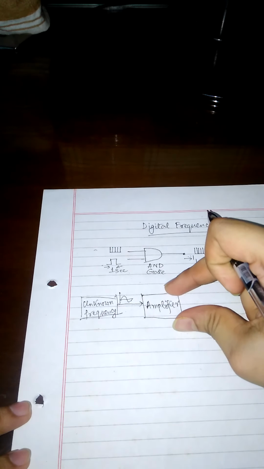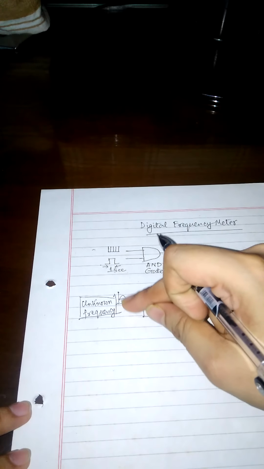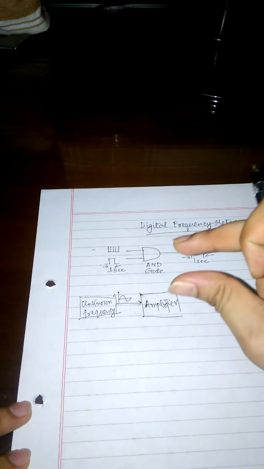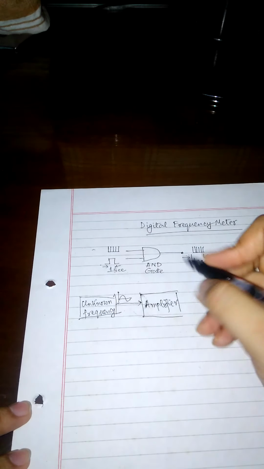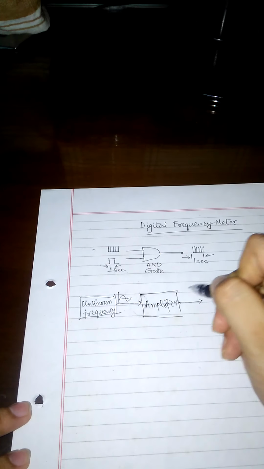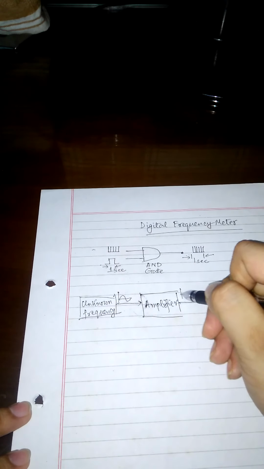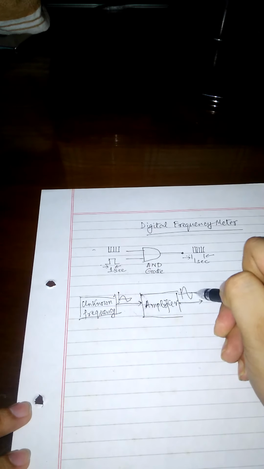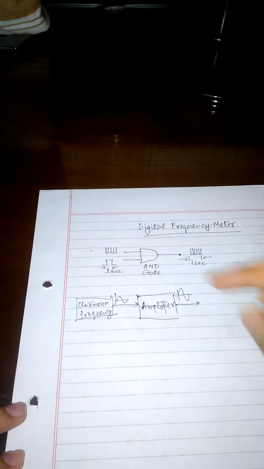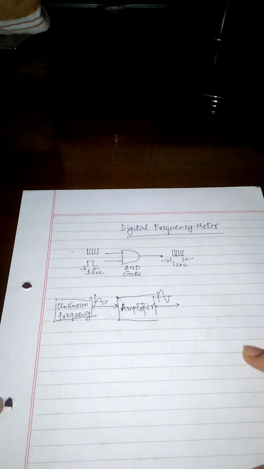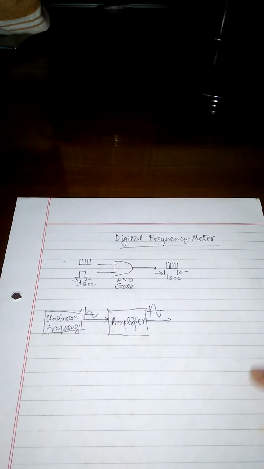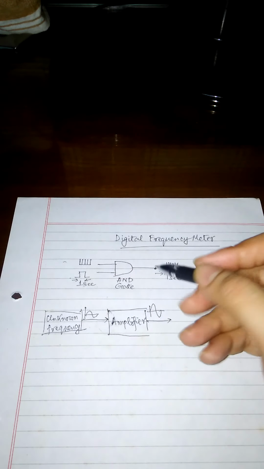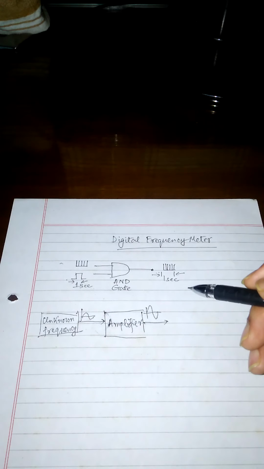This amplifier is going to amplify the magnitude of the unknown frequency signal. So the magnitude of the output waveform will be greater than the input one. After that we have to convert it into a train of pulses.